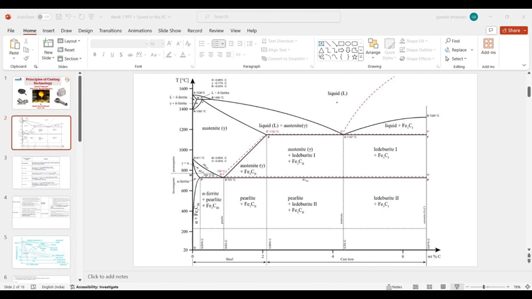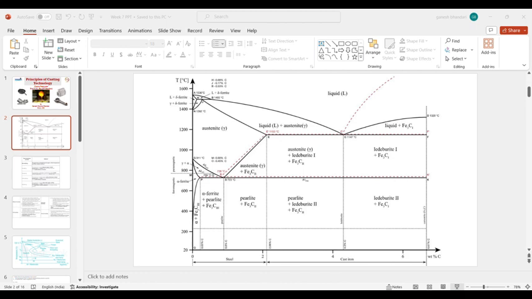The melting point is at around 1147 degrees Celsius. So answer is around 1140 degrees Celsius. Okay, and coming to next one.